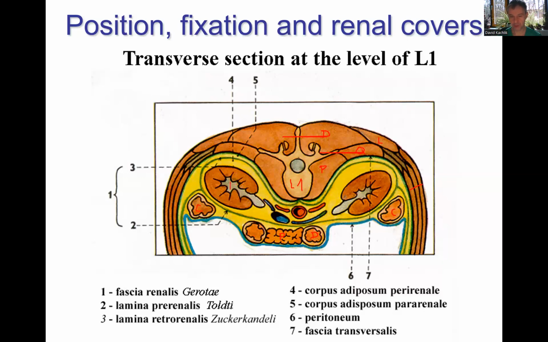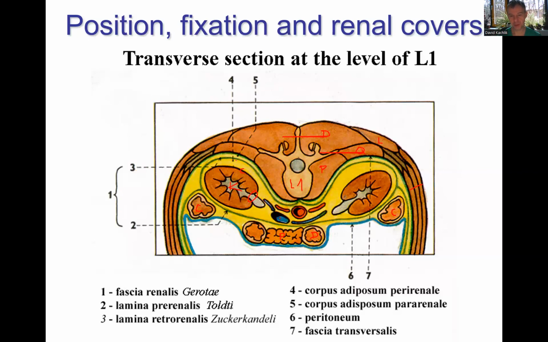And of course, nicely you can see a kidney. In the middle, red aorta and blue inferior vena cava. So we can see also the renal sinus with renal hilum. And now the covers. The kidney itself is covered by capsule, renal fibrous capsule.